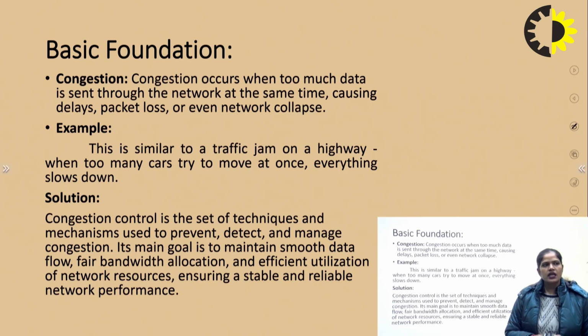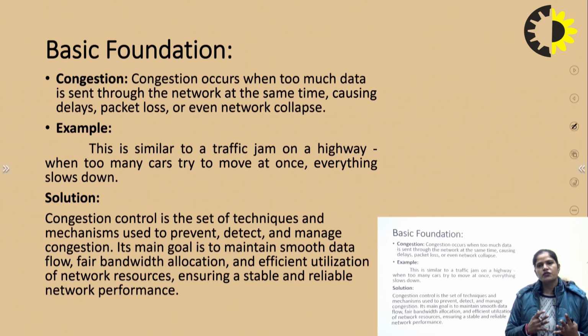So basically, if I take a real life example, what is the concept of congestion? Congestion is a situation where some kind of problem arises. The process halts and is stopped. The process is nothing but transmission.